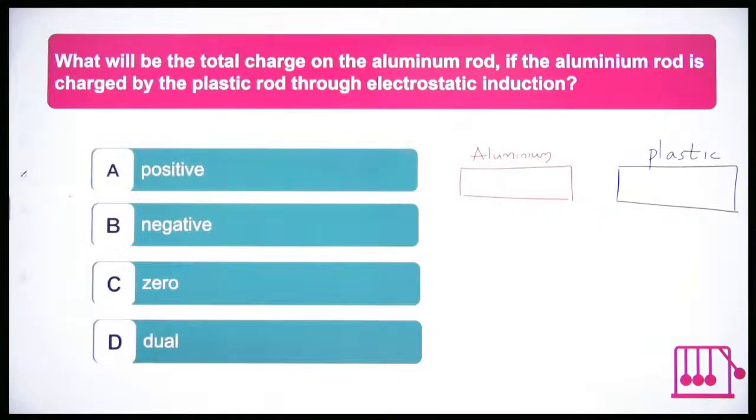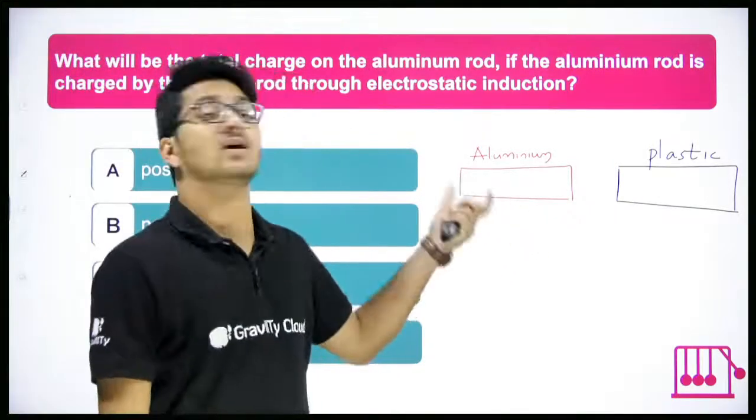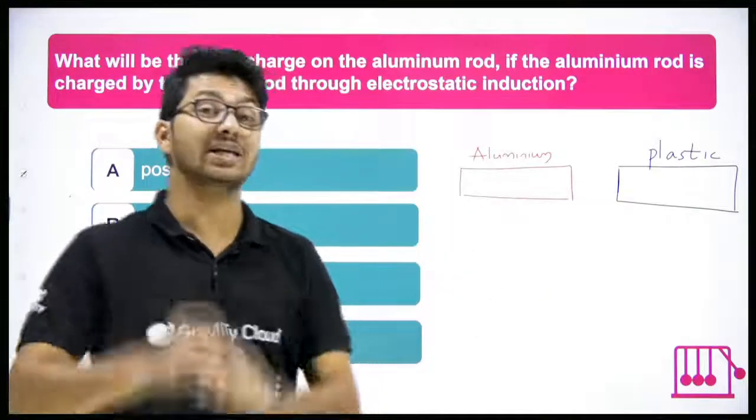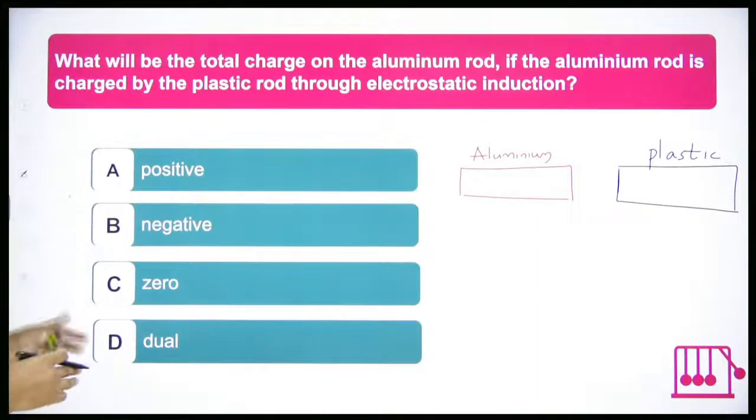What will the total charge on the aluminium rod be if it is charged through induction? That's something we discussed. A, B, C and D.